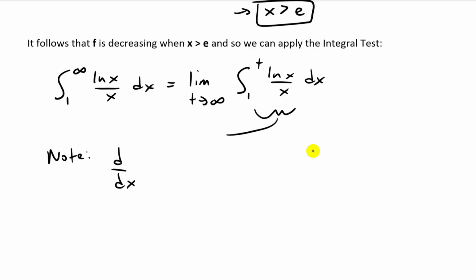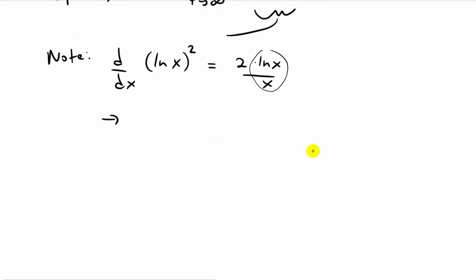So note that if we take the square of it, the derivative of the square is going to be 2 times ln x, and then by chain rule the inside, well, over x, like that. So we're going to have 2 times ln x over x. So in other words, this part right here is just that. Yeah, so that's the derivative of it. So then the antiderivative is going to be the opposite. So thus, the antiderivative is, move this around over to the other side.